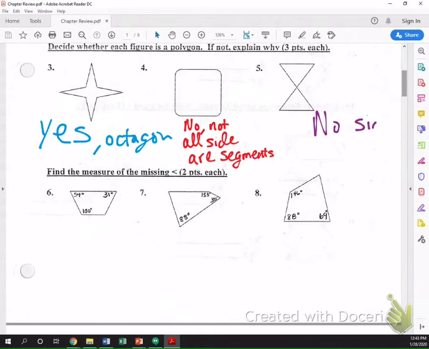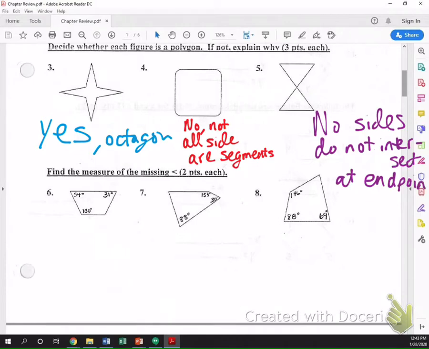The sides do not intersect at the endpoints. Sorry, kind of ran out of space there. But it says no because the sides do not intersect at the endpoints.